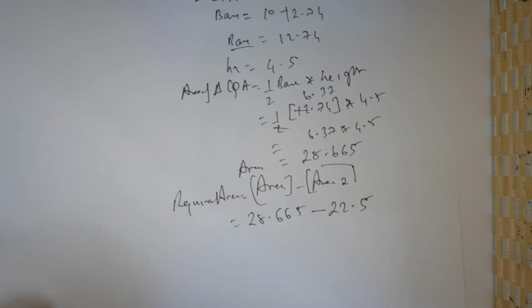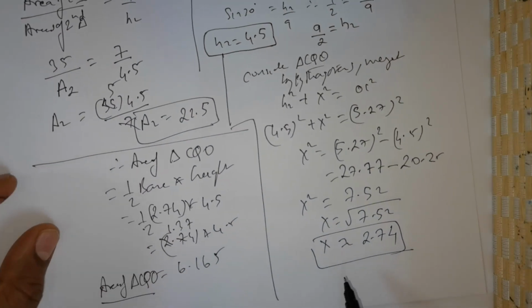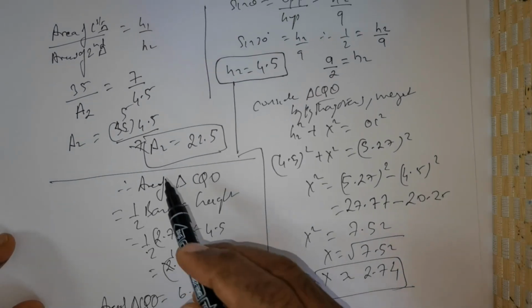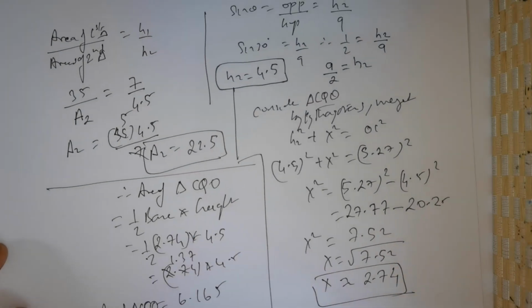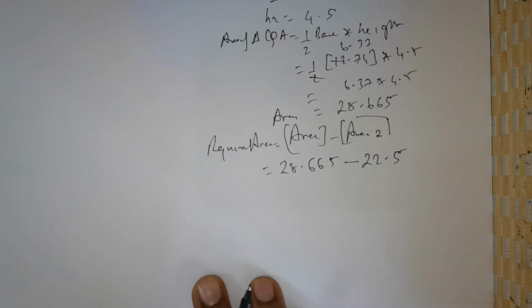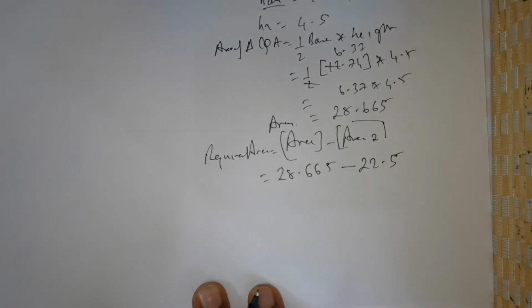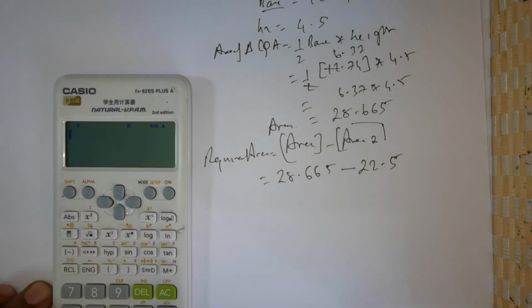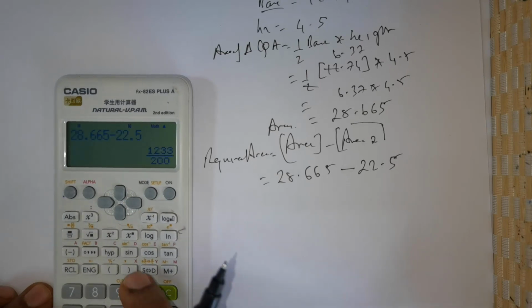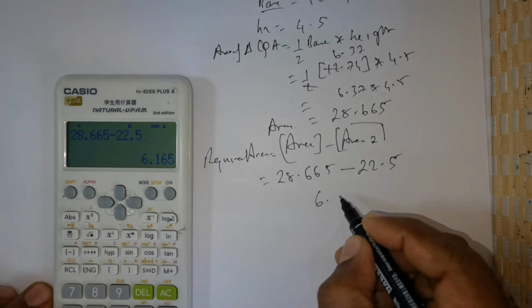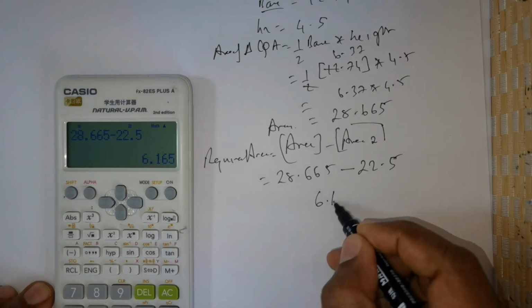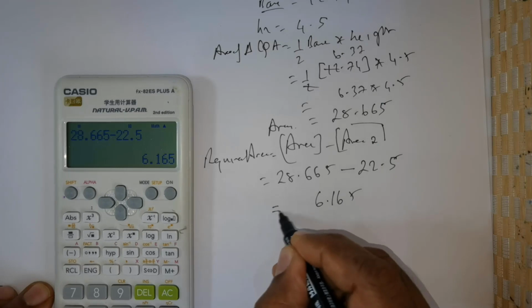That is the area that we calculated. So 28.665 minus 22.5, I get a value of 6.165. So this is the required area.